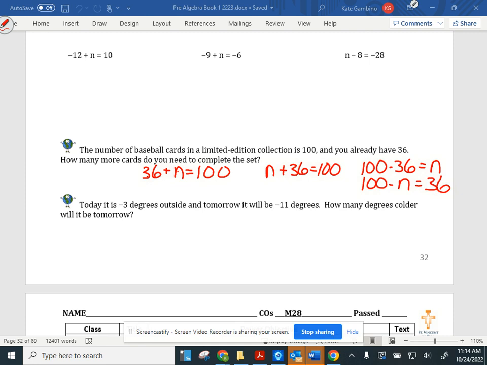It's those fact families. There are 4 different ways you could write it. You need to write one of the equations out, and then solve it, because the question is how many more cards do you need? So you have to tell me how many more cards. So write out the equation, solve the equation. That's the number of cards that you need.